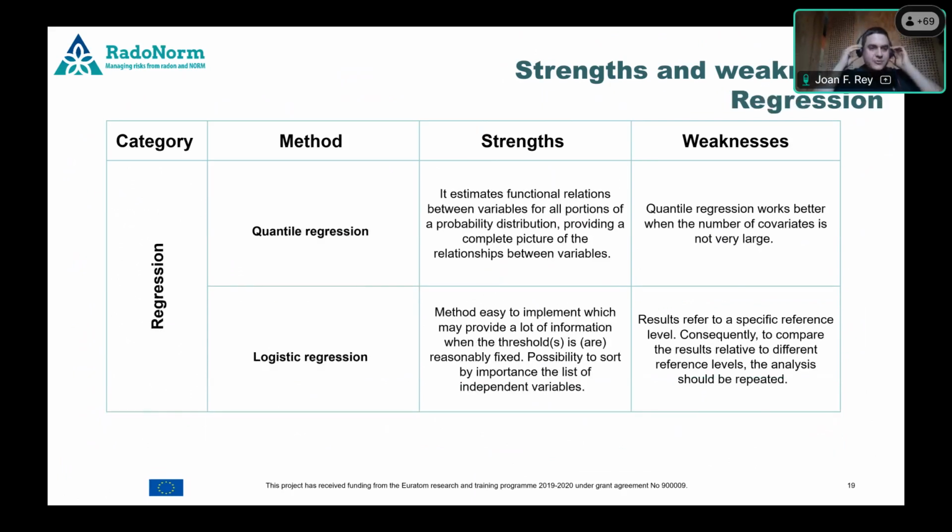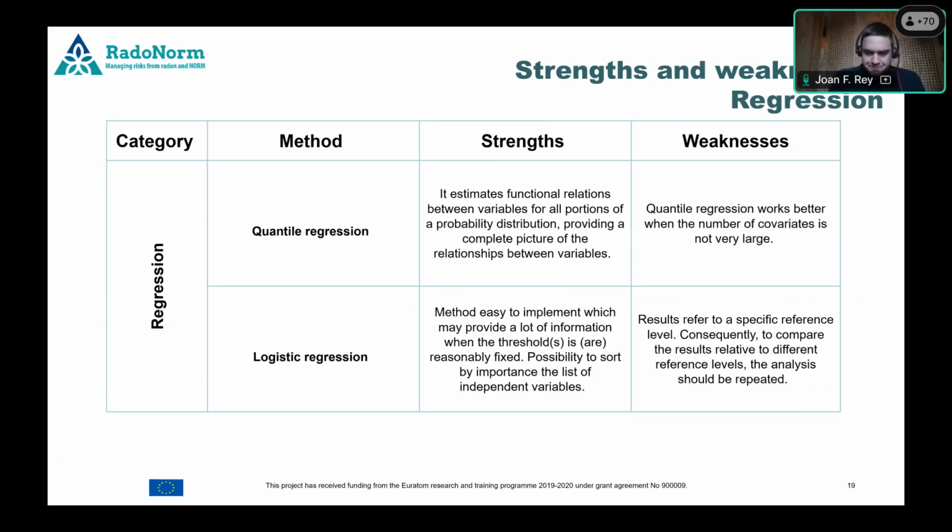Then regarding the regression methods, these are not the most difficult to implement. Both of these methods allow us to integrate different indicators, which is a good way to provide the complete picture of the relationship between all the variables.